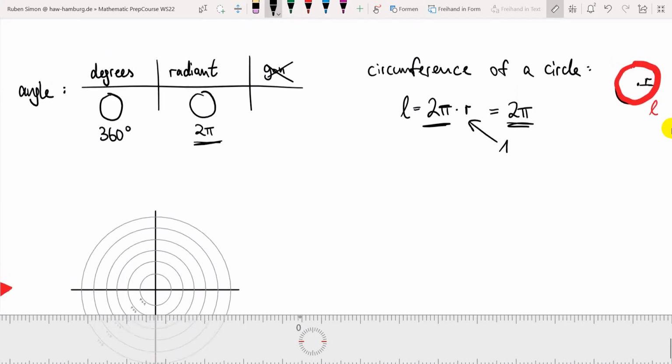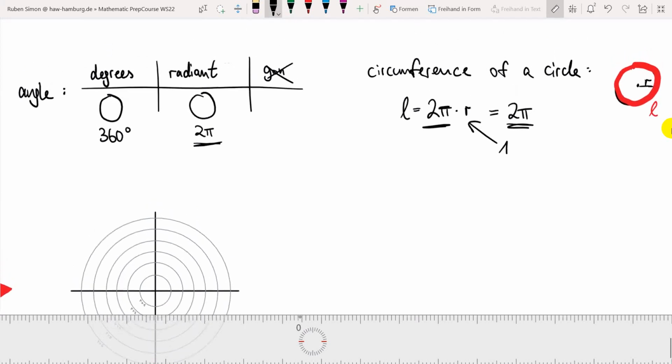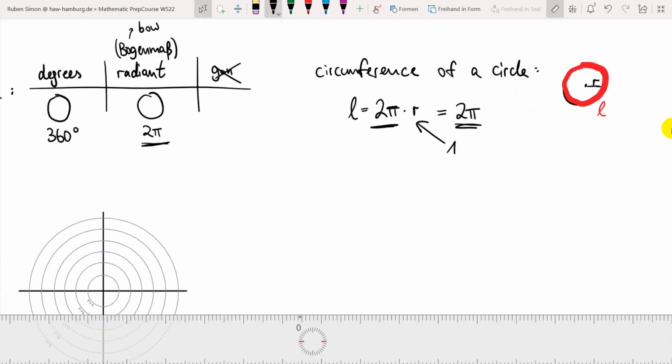I will write this above here. The word Bogen in German you could translate to bow, and Maß is just measuring. So bow means the bow of the circle, the bowed line of the circle, and you are always determining the length of this bowed line of the circumference of the circle.